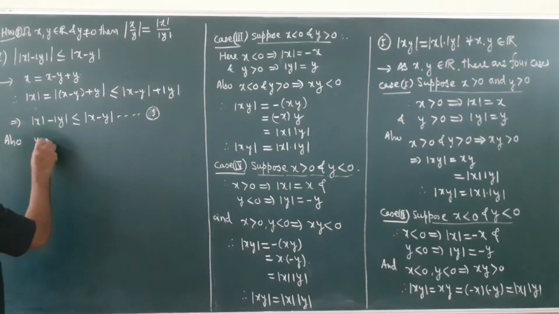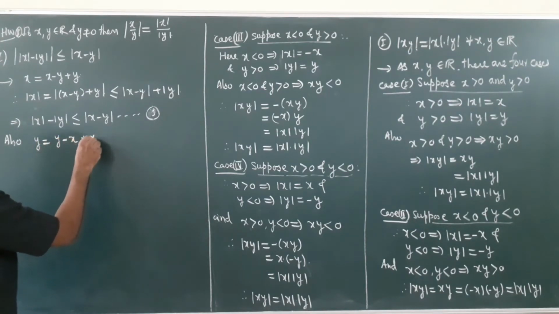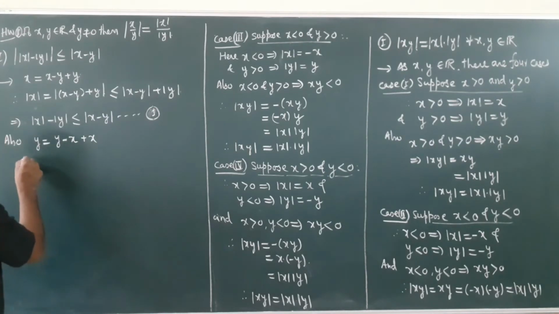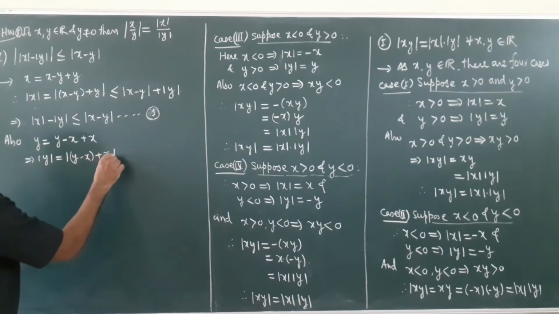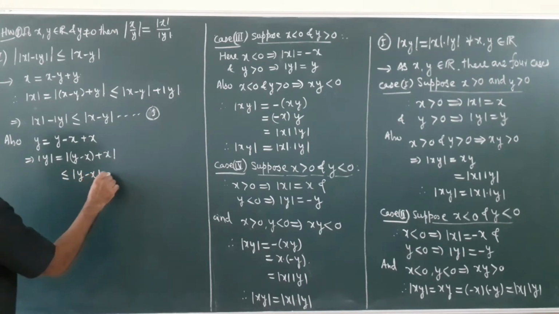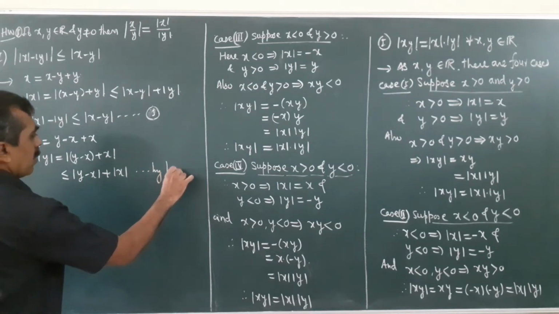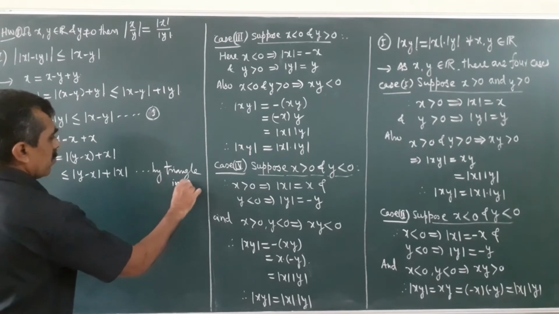Also, y is equal to y minus x plus x. Similarly, you do for x and y. So this implies mod of y is equal to mod of y minus x plus x. This is less than or equal to mod of y minus x plus mod x by triangle inequality.